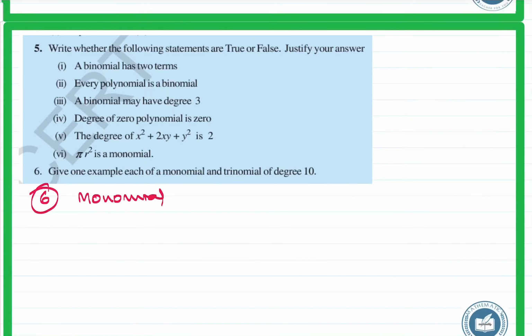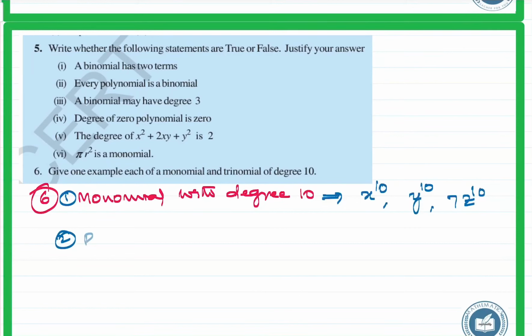So first, monomial with degree 10. Two examples I can give: x to the power of 10, y to the power of 10, 7z to the power of 10. All come under monomials of 10th degree.